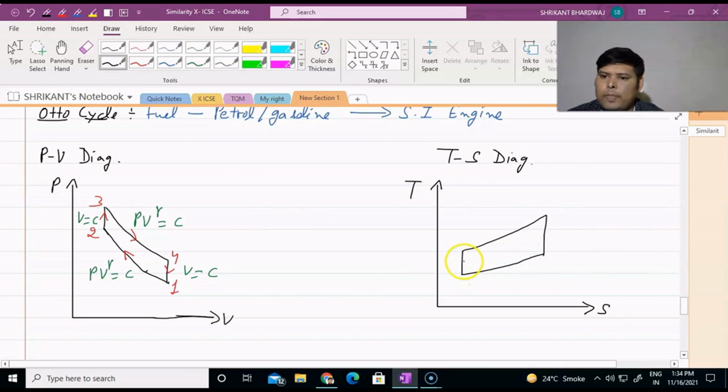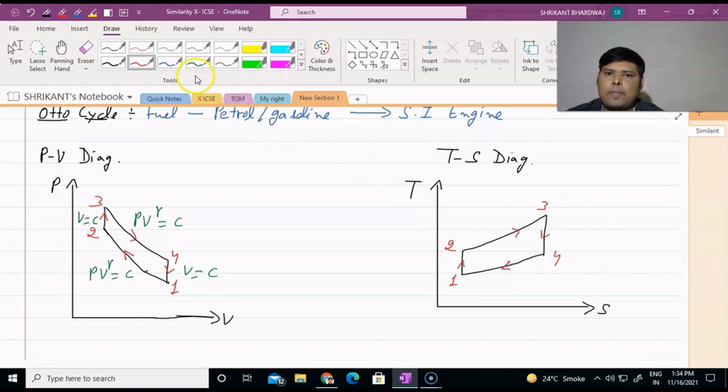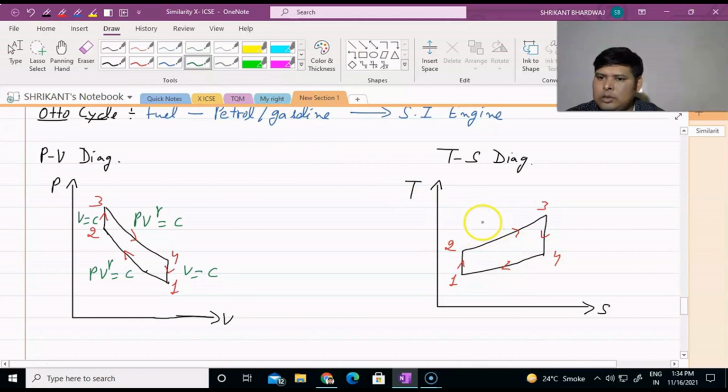So this is 1, 2, 3, and 4. This is your heat addition, 2 to 3, and this is heat rejection.